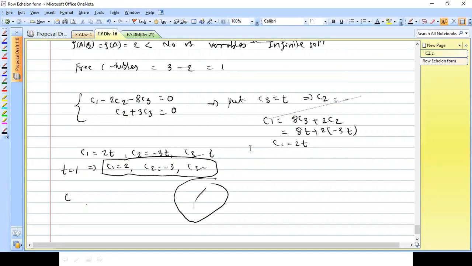Tell me the relation. Write down that relation and tell me that relation. What does it come to? W is equal to 3V minus 2. Okay. All the people got the same relation.